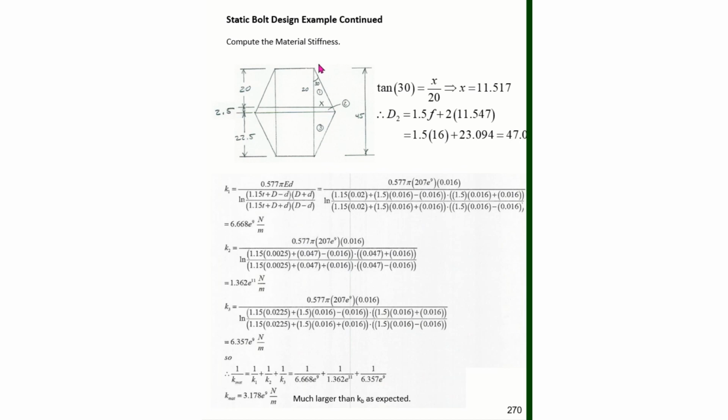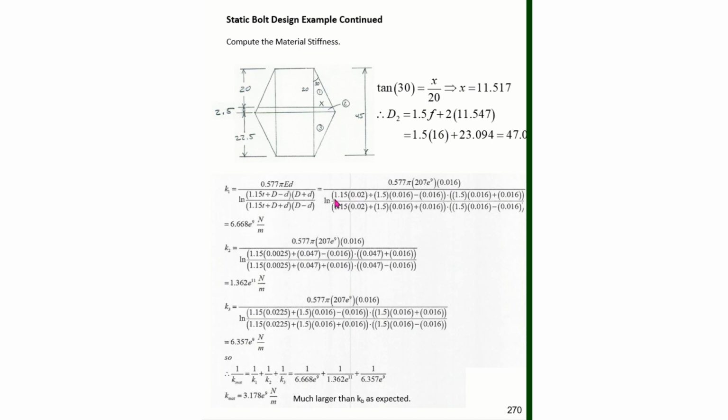So I need to come and compute K for each one of these springs, or each one of these cones. To do that, I'm going to use this basic equation right here. For the top cone, we know that big D is equal to 1.5 little d. So writing this all out, I have the 0.577 pi, E is 207 e to the 9th, and D is 16 millimeters.